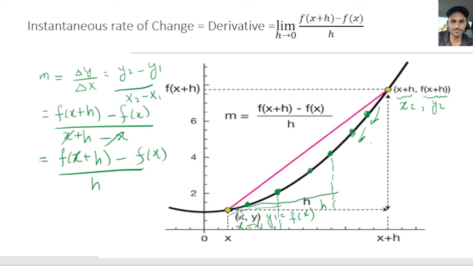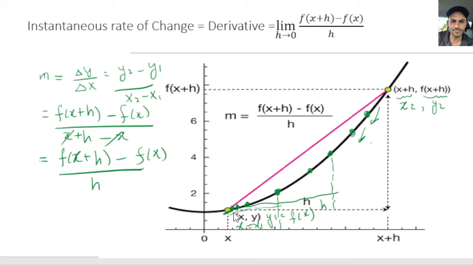As h goes closer and closer to 0, it becomes so close that the line connecting these 2 points is almost tangent at this point. So this is the definition of the derivative: as h becomes so small, the line that joins these 2 points is the tangent line.